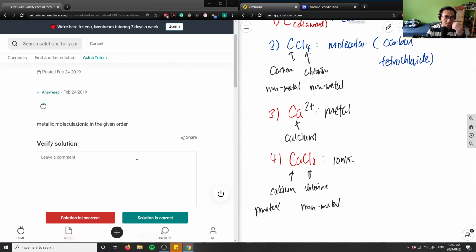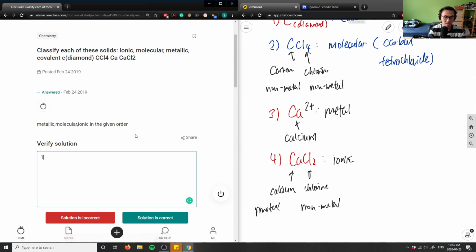So I'm going to say this solution is incorrect because they only gave me 3 answers. And then I'm going to have to say carbon diamond is covalent, formed through a covalent network of carbon atoms. CCl4 is a molecular compound, non-metal bonded to a non-metal.